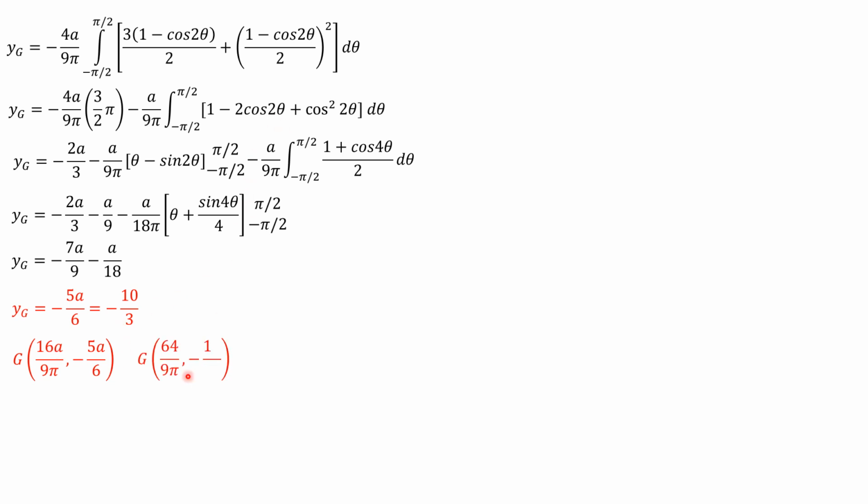So that's it for this video. I hope that you were able to follow the explanations and the solutions. And as I said, you can use your calculator, high-tech calculator, to verify that these are really the values of the integral.